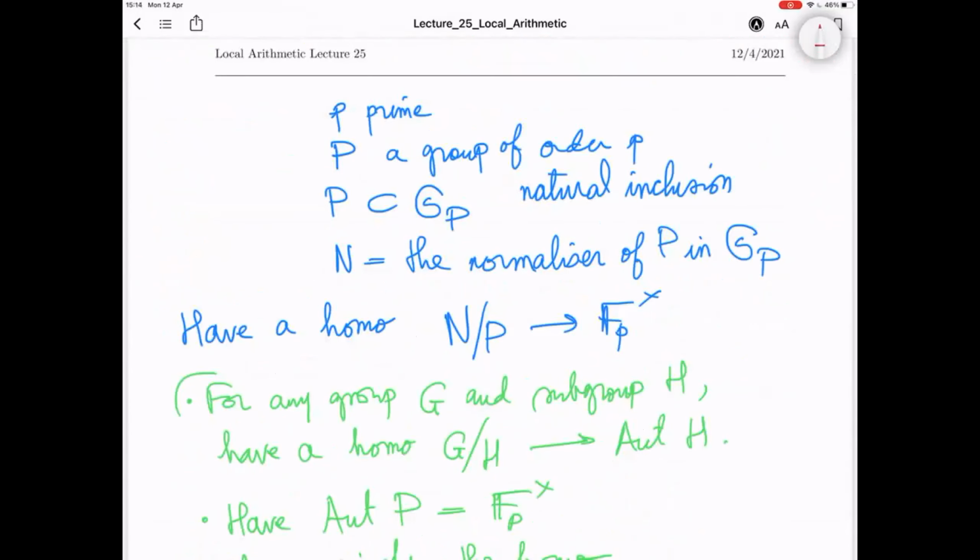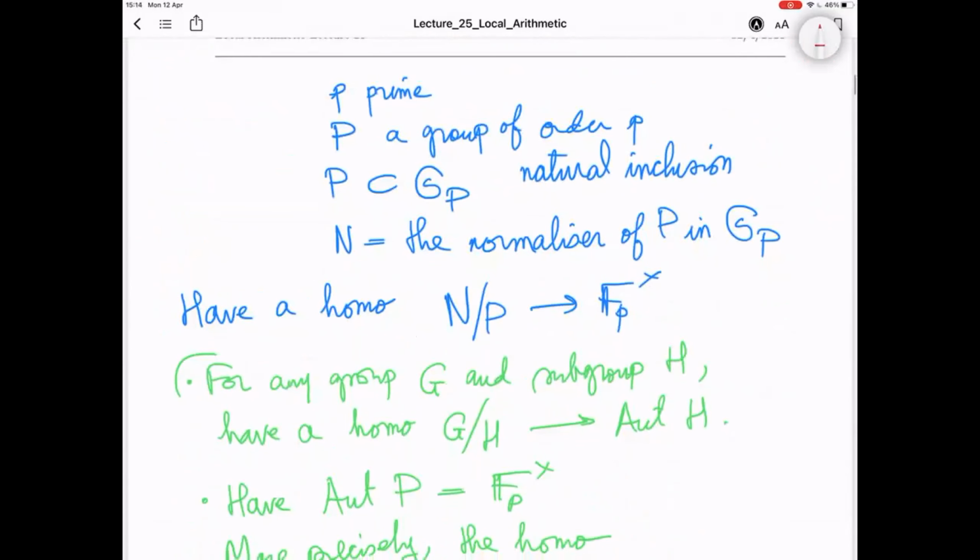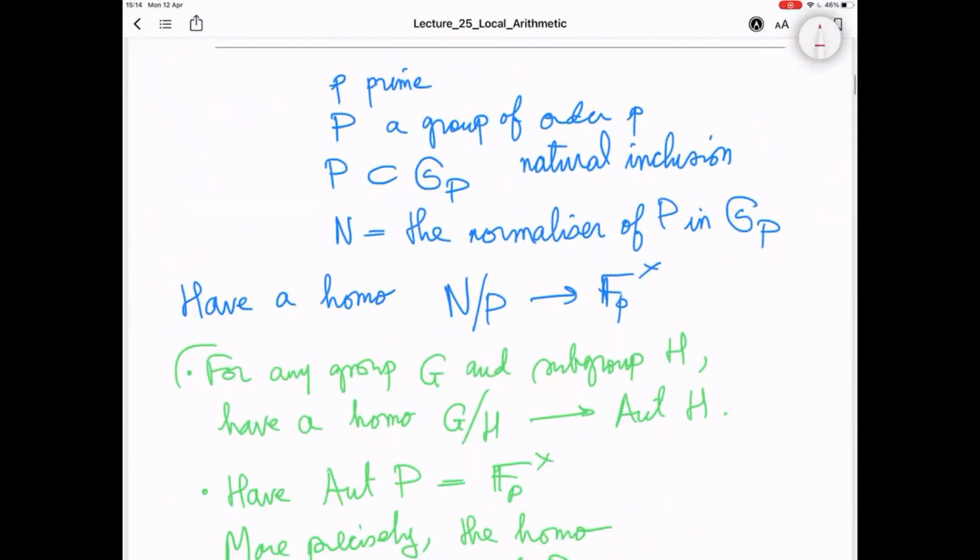There are some group theoretical preliminaries which were already started in the tutorial. Let me just recall them.